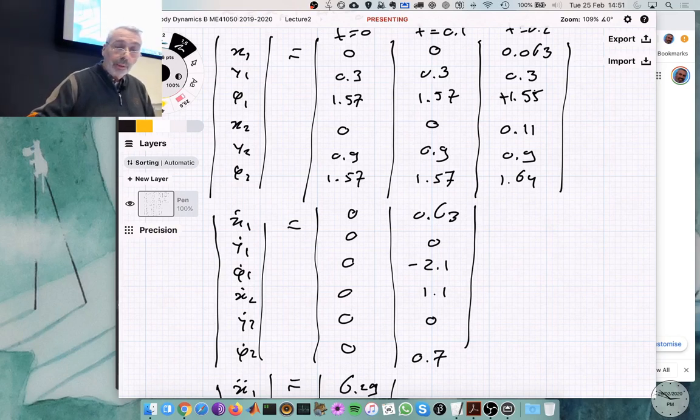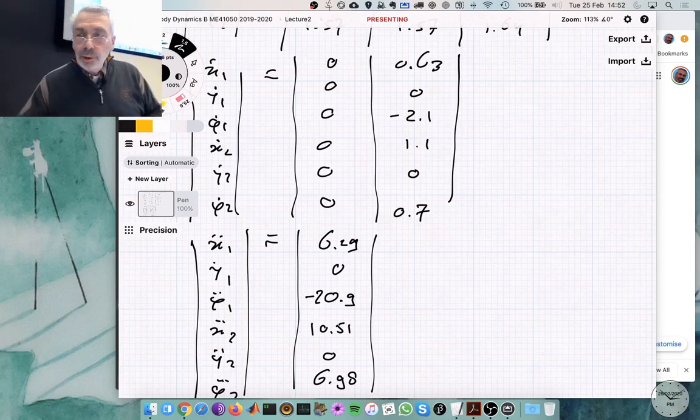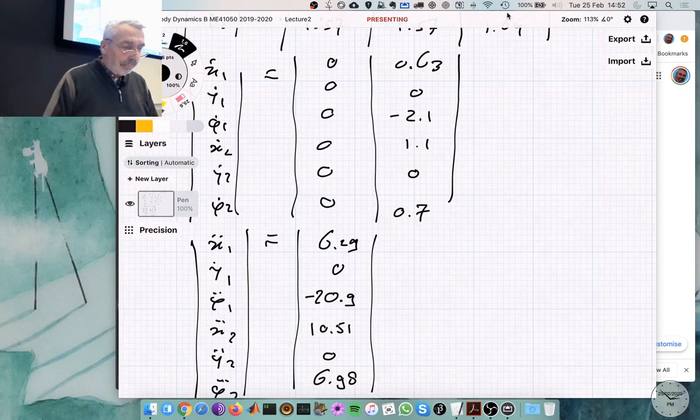The position didn't change, but we now have speeds, so this will change a little bit. There will be a little difference in these numbers, and therefore this will increase a little bit differently, etc. I'm not going to do that here by hand, of course. Then slowly the thing will pick up.